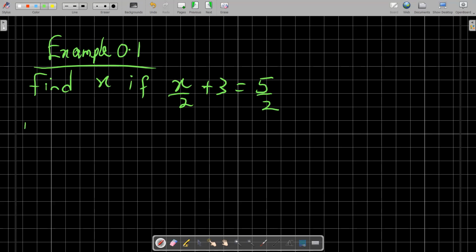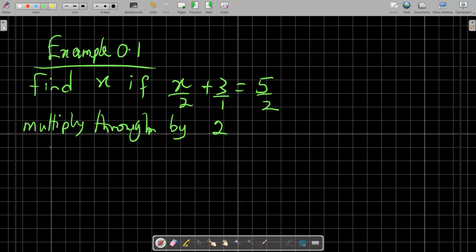I'm going to multiply through by 2. Do you know why? Because the lowest common multiple of both sides, this is 2, 1, 2, that's 2.